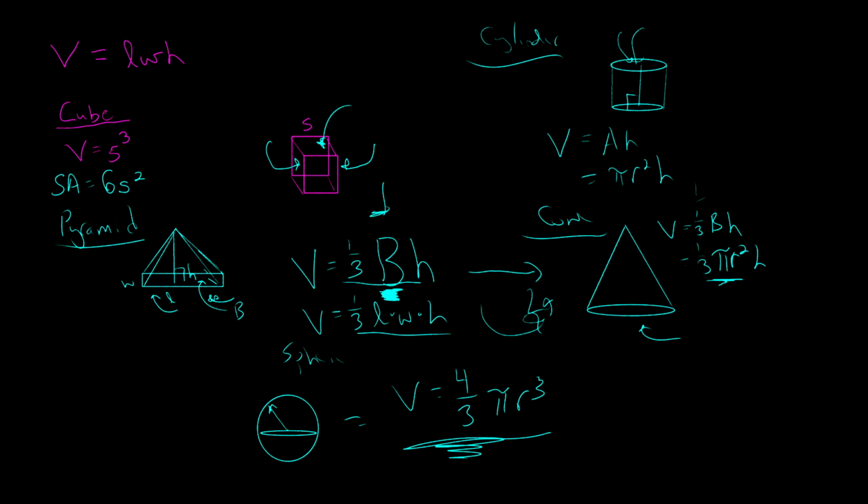And if it's just a rectangular solid, then I have to calculate the area of each side. So if I have just a rectangle, and I turn that into a solid object, there's still 6 sides, but these two are the same.